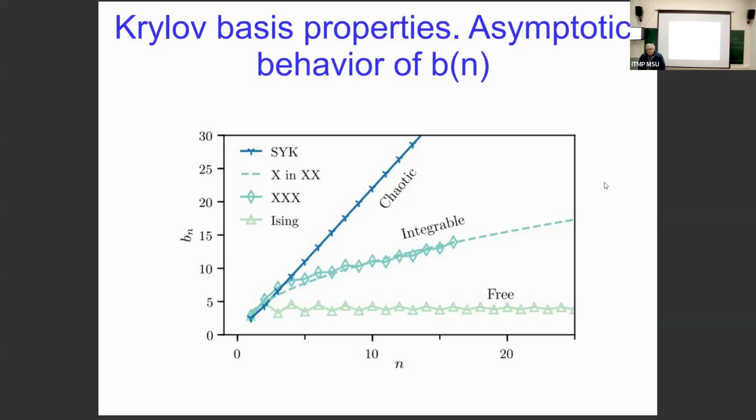And indeed, for different models we have different behavior of the b_n's, but for the integrable situation, the same asymptotics. Yeah, I see your point. It's a kind of degenerate situation.